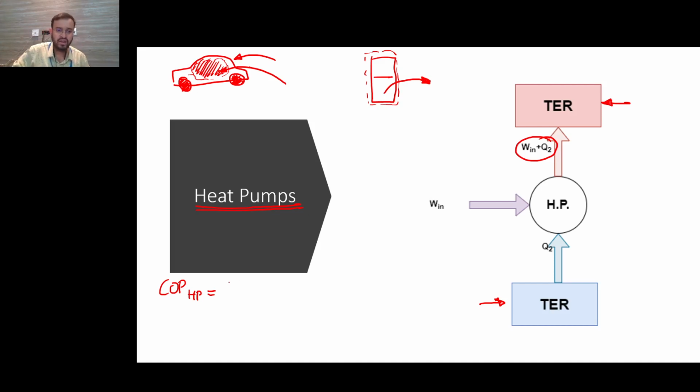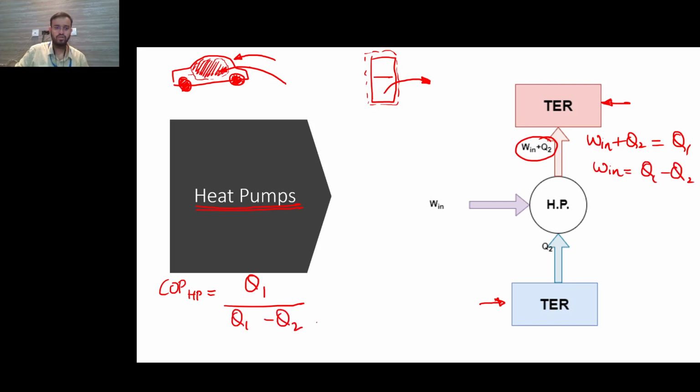So in that case, we will have Q1, that is, if you are considering W in plus Q2 is equal to Q1, divided by the required input, that is, again, you can rearrange this equation. So W in is equal to Q1 minus Q2. All right. So this is the COP, coefficient of performance, for a heat pump.